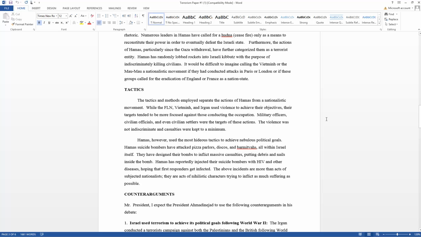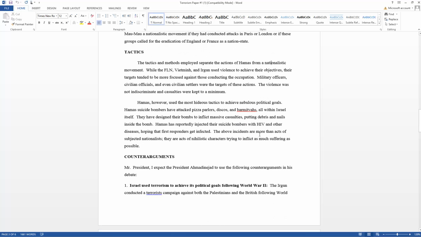Hamas almost exclusively focuses on civilian targets, soft targets outside the locus of conflict in Israel proper. You can see it here: pizza parlors, discos, bar mitzvahs. Pardon me. And that's an important distinction.